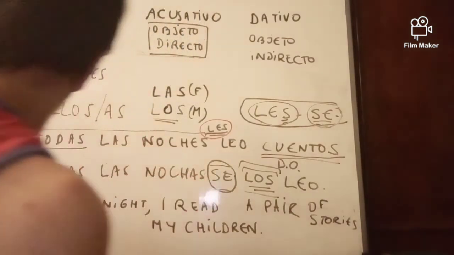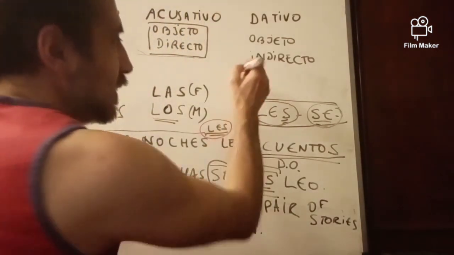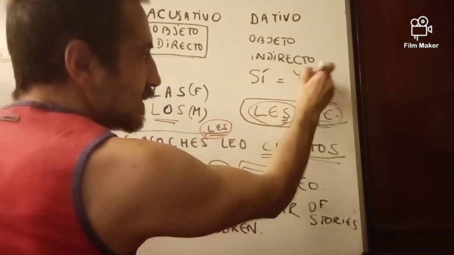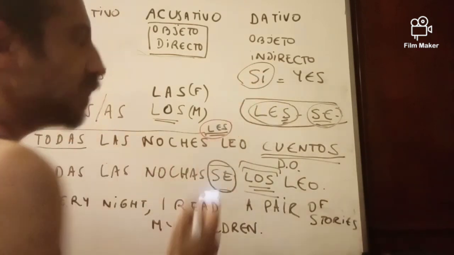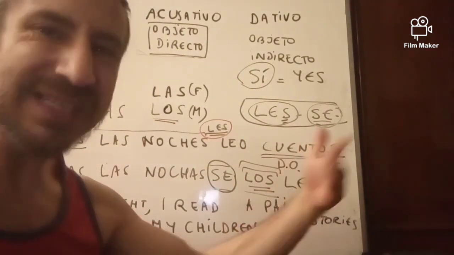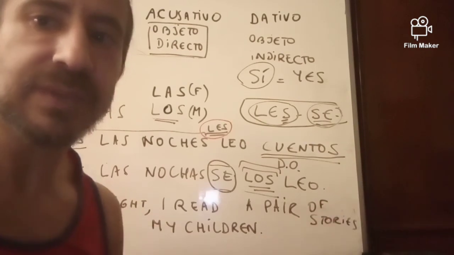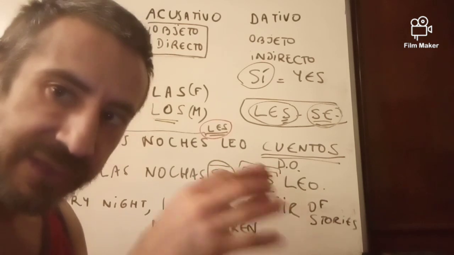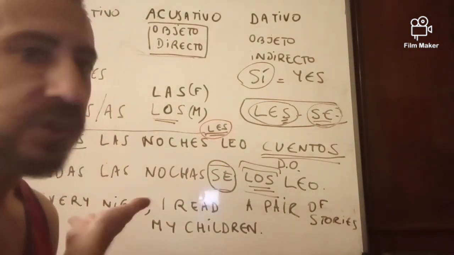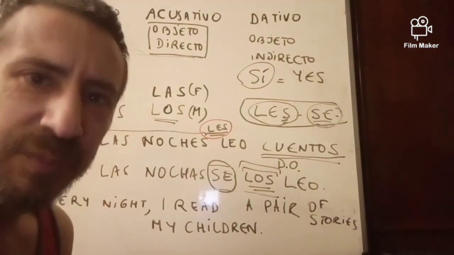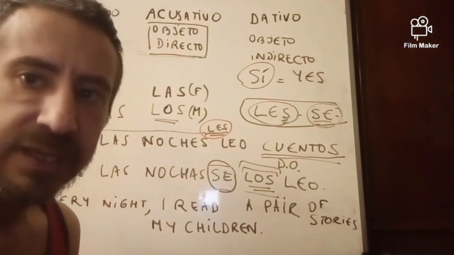There is another pronoun that is si, exactly like the way we say yes, but in this case it's a pronoun. And we'll see those further pronouns when we see prepositions, in a specific video for prepositions, because if we do it now, I think it'll be too much information.